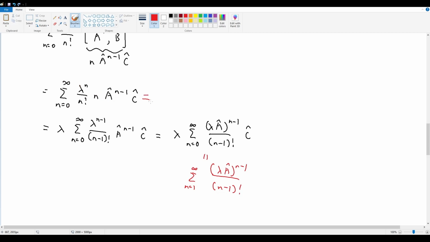So this thing is now basically functionally identical to if you were just to say n equals 1 to infinity of lambda n over n factorial n a hat n minus 1 c hat, right?